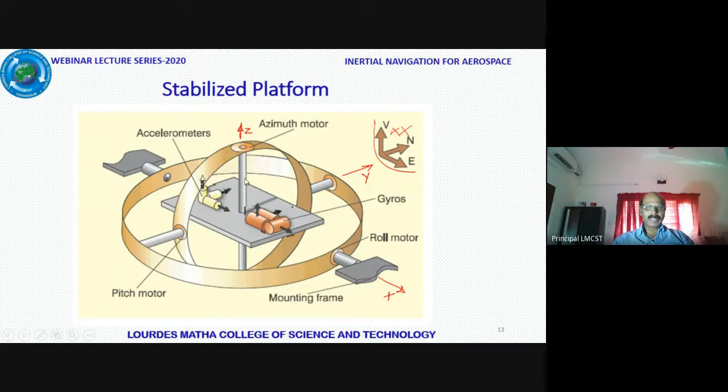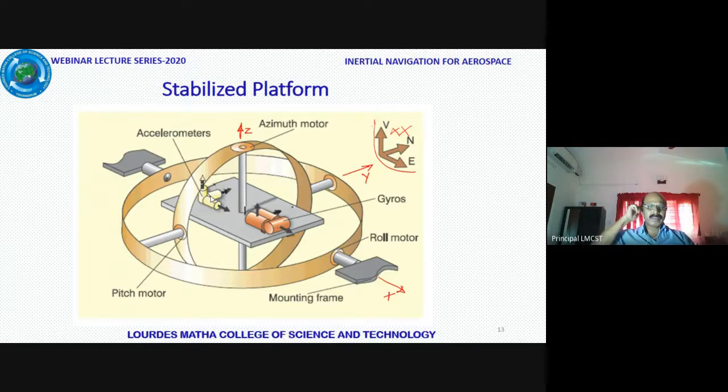And that being so, there are 3 accelerometers here aligned across 3 axes, and they are now oriented towards the inertial Xi, Yi, Zi axes. The outputs of these accelerometers are directly in that inertial frame.